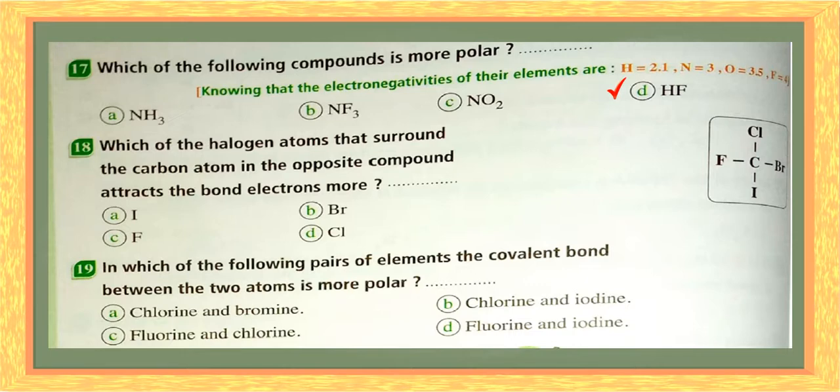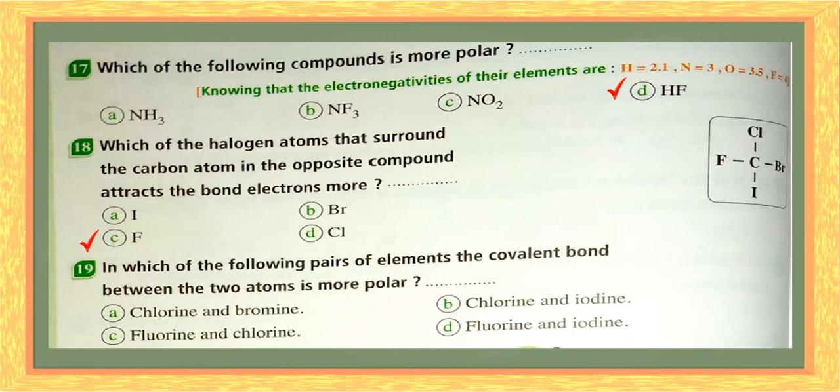Question 18: which of the following halogen atoms that surround the carbon atom in the opposite figure attracts the bond electrons more? We have chlorine, fluorine, iodine, bromine. They all surround the carbon atom. The one that has the higher electronegativity will attract the bonding electrons more.